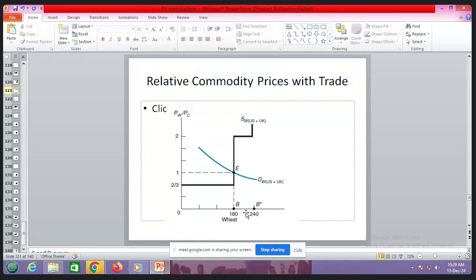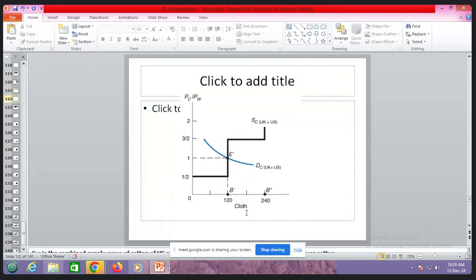There is a complete specialization here, which is relative price equals to 1, where the wheat is getting produced 180, and in the next curve that we are seeing here, the equilibrium is established.